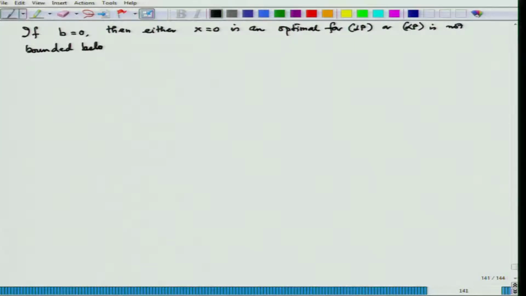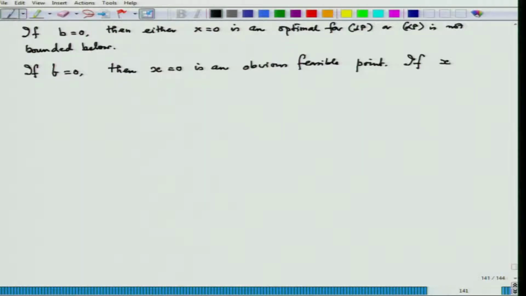So, here there is a cute little proof in Padberg which I want to reproduce. If b is equal to 0, then x equal to 0 is an obvious feasible point. Now, let x bar be an optimal solution, which we assume exists.